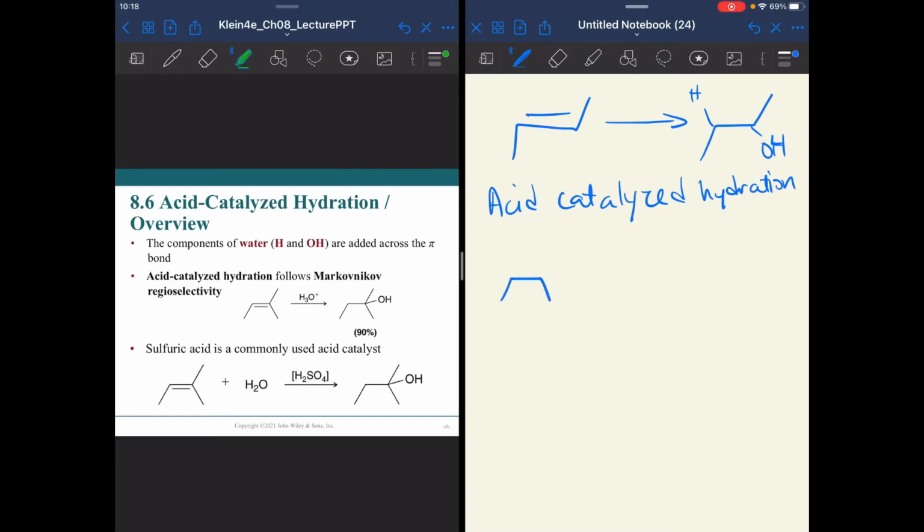So you're going to take your double bond and you're going to add, it may say H2SO4, it may say H2SO4 and water. It may also just say H3O plus. You've got to recognize this. This is a dilute acid solution, right? Because H2SO4 is a strong acid.